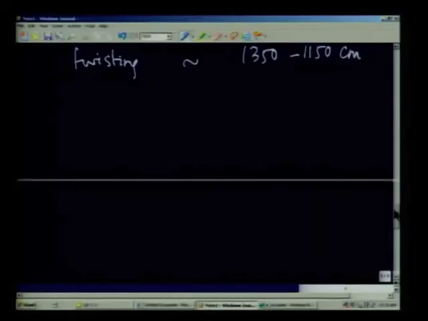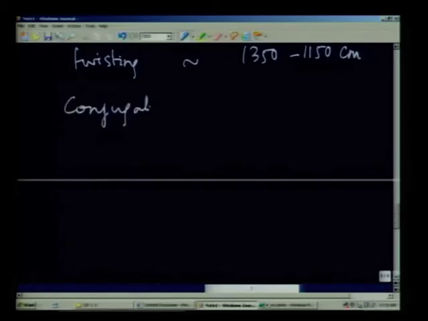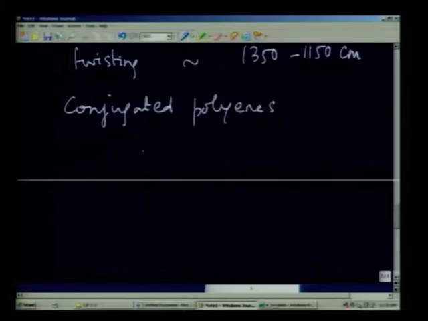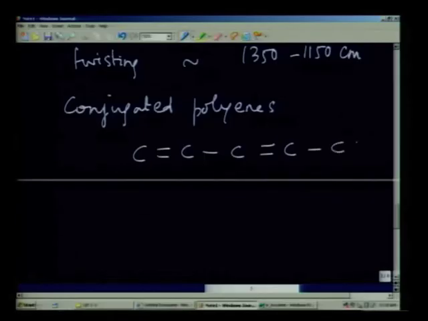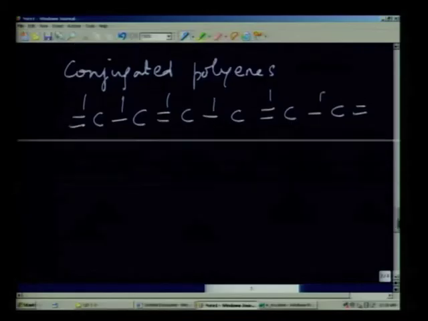Let us look at the conjugated polyenes. You know what this means. What this means is double bond, alternating, single bond and so on: double, single, double, single, double, single. Such alternating bonds are called conjugated structures.